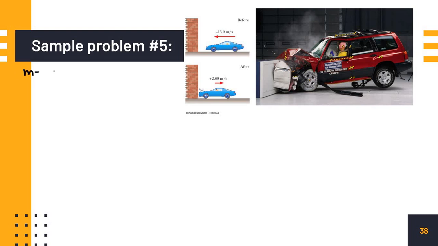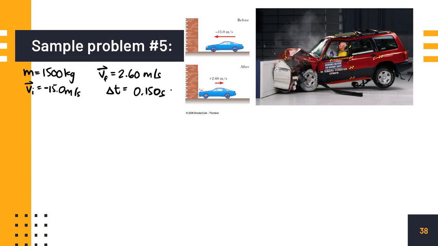So the mass of the car is 1,500 kilograms. The initial velocity of the car is negative 15 meters per second. The final velocity of the car is equal to 2.60 meters per second, and the time for the collision is 0.15 seconds.